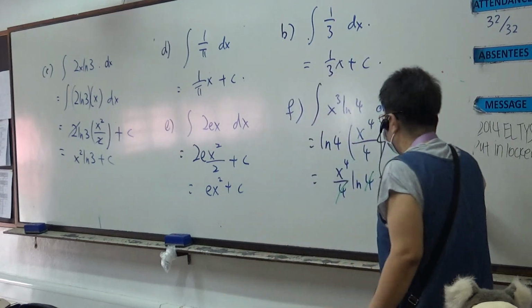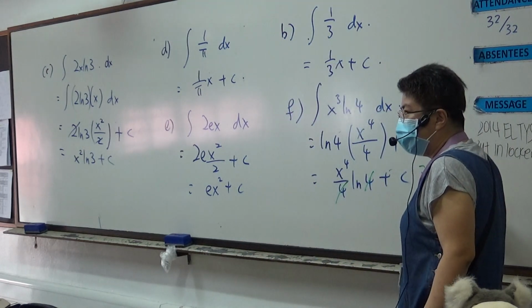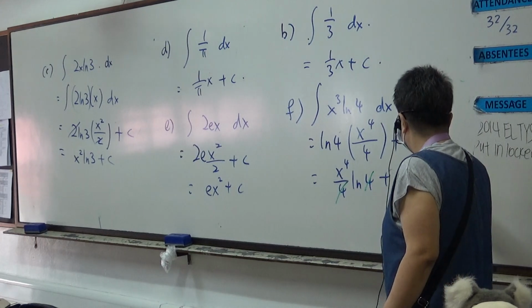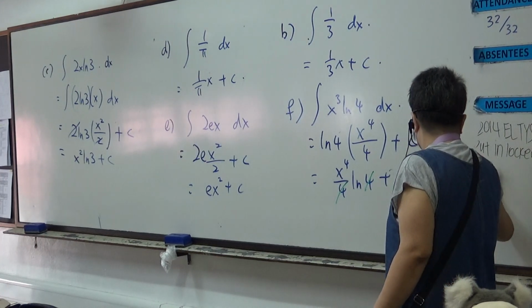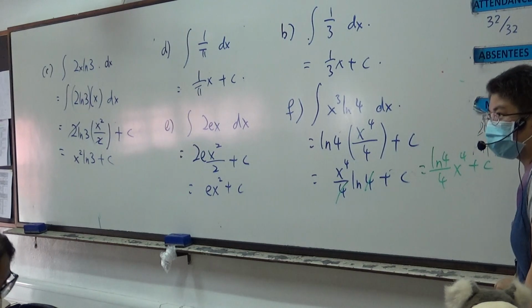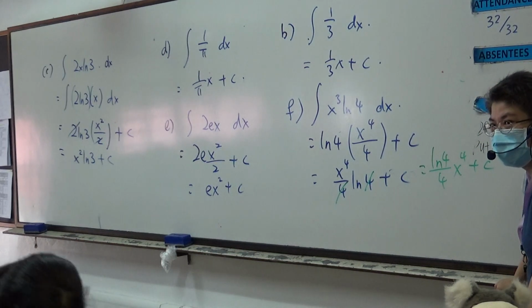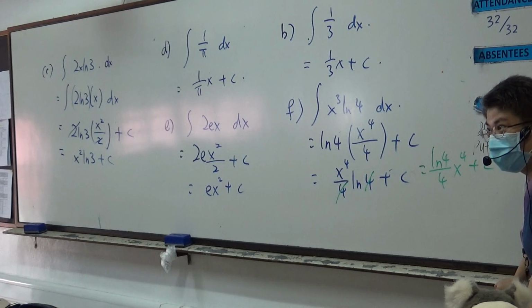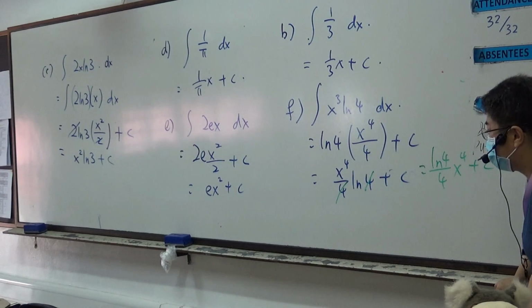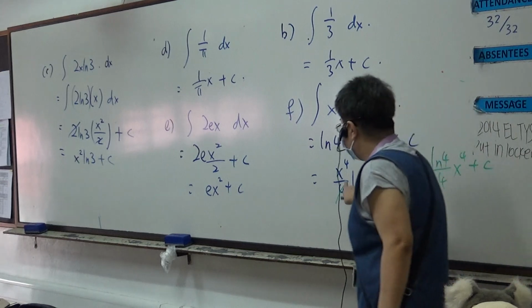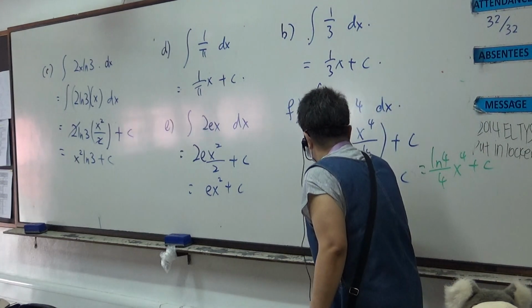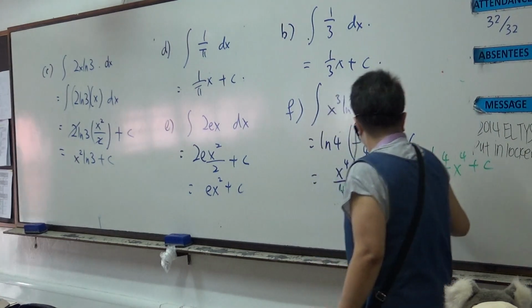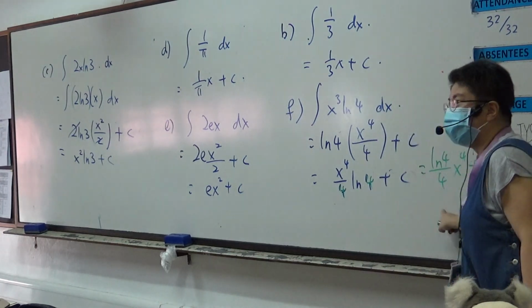Now, what if someone writes like this? Look up again, I'm telling you a different way. Like that, can? Probably no. Why cannot? I must cancel this first, I must not continue this. So it's kind of constant over constant.